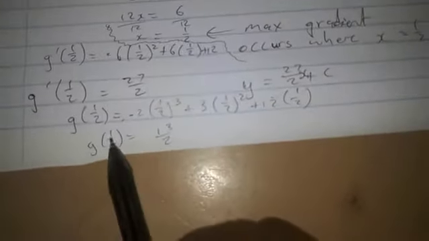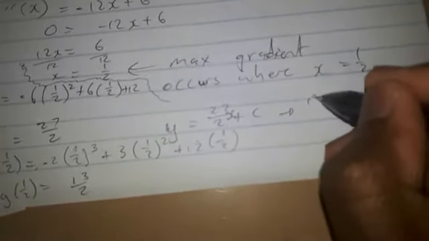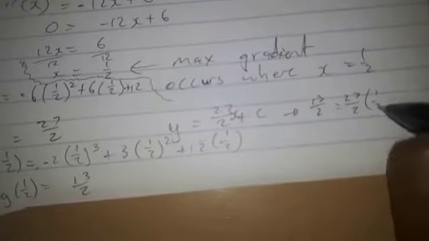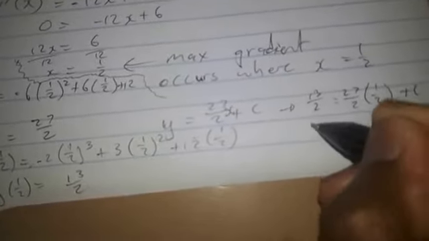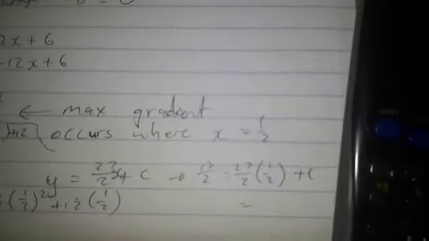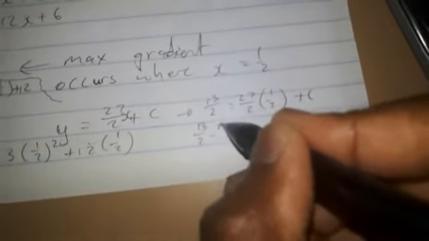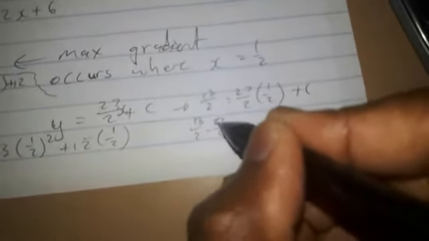So you see x value, y value. In our straight line graph, we know that y value is 13 over 2, the gradient is 27 over 2, x value is a half. C value, let's see here, 27 over 2 times a half is 27 over 4. So it's going to be 13 over 2 minus 27 over 4.